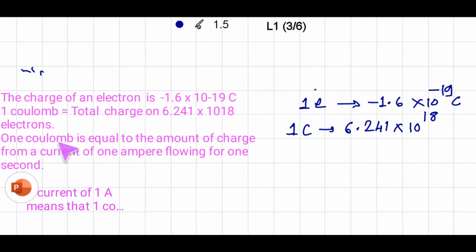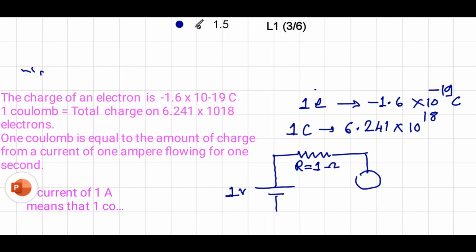That is important. See, 1 coulomb is equal to the amount of charge from a current of 1 ampere flowing for 1 second. That means let us consider this is a voltage, suppose 1 volt. Now we are connecting a resistance, suppose that resistance is equal to 1 ohm. And now we are measuring the current. So how much current will be there?